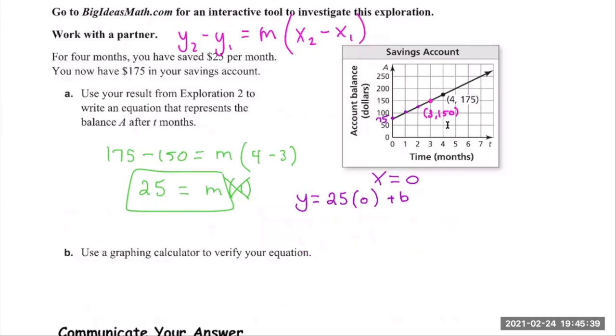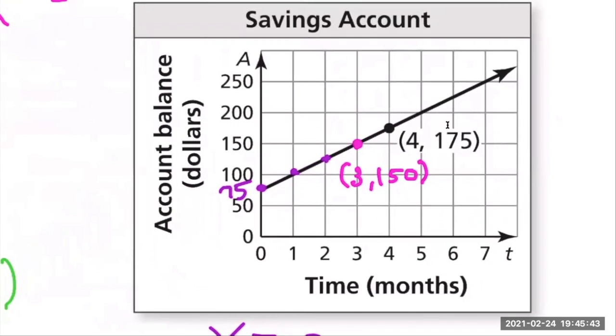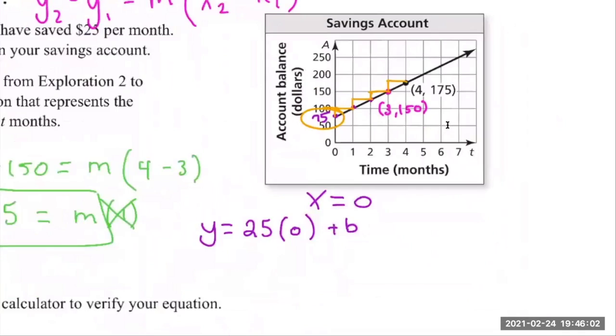So we're looking at our graph and we need to see, okay, we're counting down by 25 each time. Remember, we go over 1, down 25, over 1, down 25. It's a stair step. So that's how we know this is going to end up right at 75.